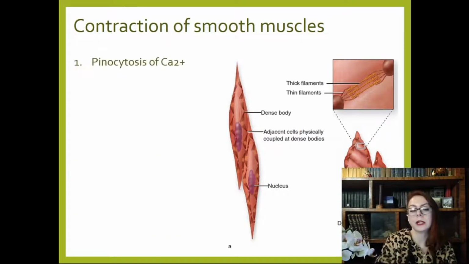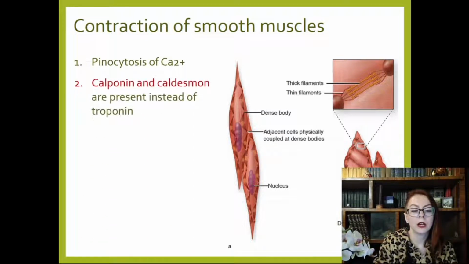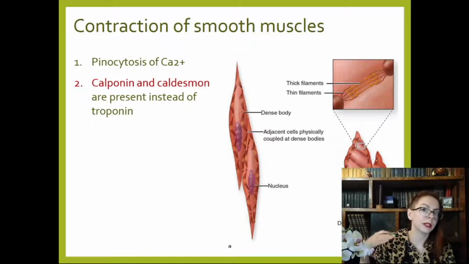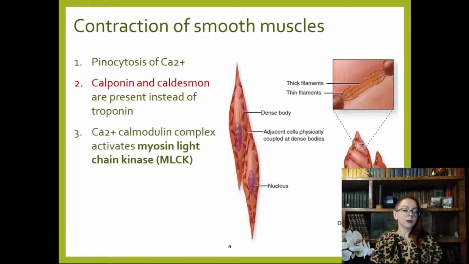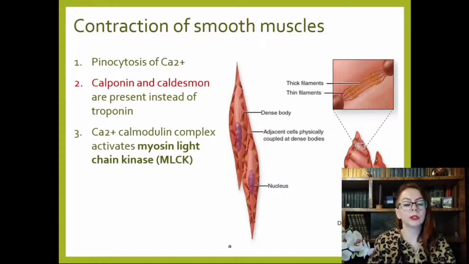So contraction of the smooth muscle cell, as in the text, starts from the pinocytosis of calcium. After that, instead of troponin, caldesmon and calponin are used, and they prevent the contact between the actin and myosin in the smooth muscle cells. Then the calcium-calmodulin complex activates the myosin light chain kinase.